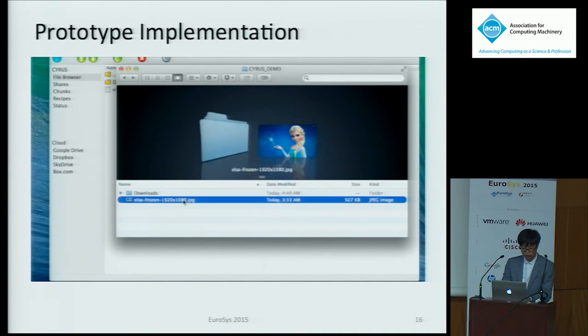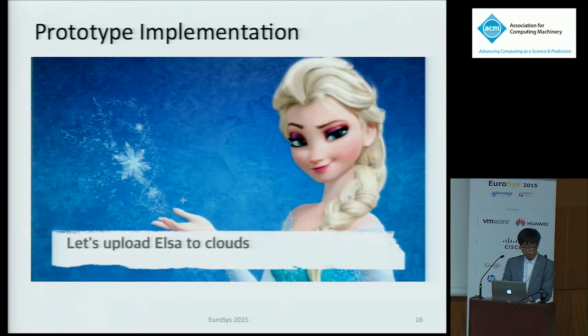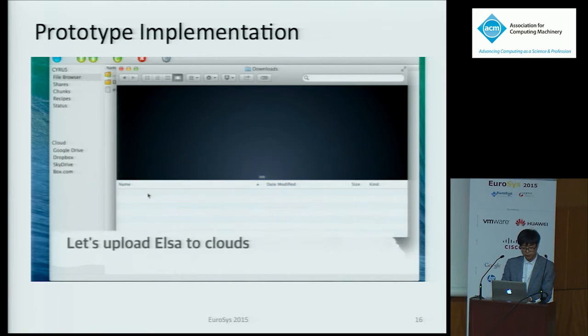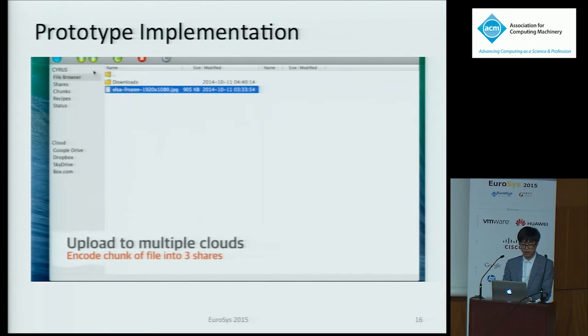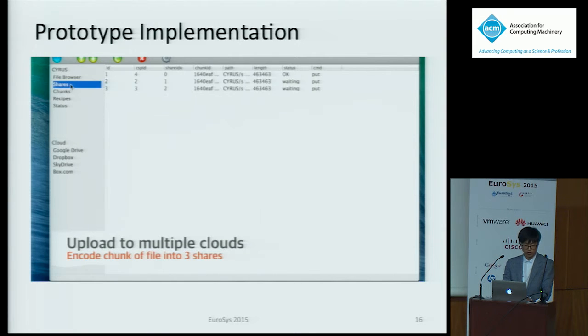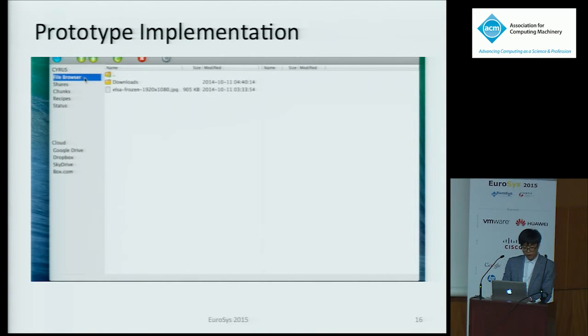Okay, this video shows our implementation. Our prototype uses four commercial cloud storage services, and I try to upload a photo to different cloud storages using CYRUS. This file is split into chunks and then encoded into shares. Each share is uploaded to a different cloud.